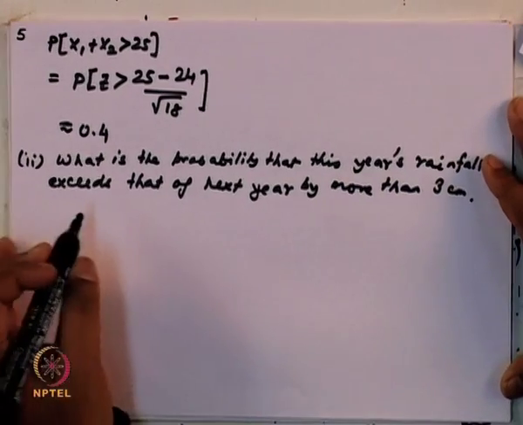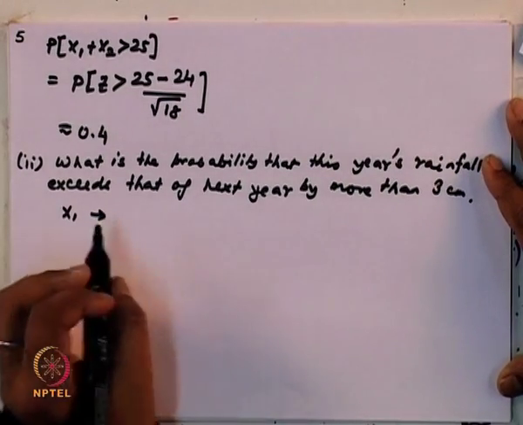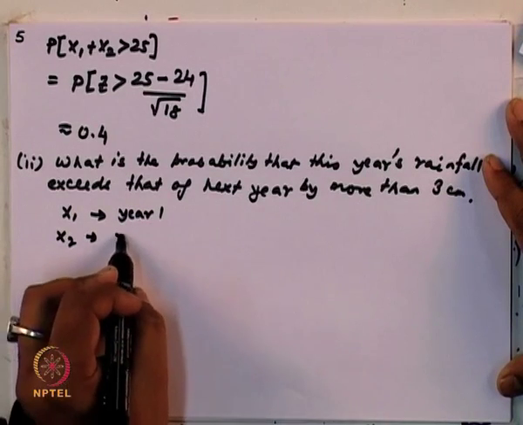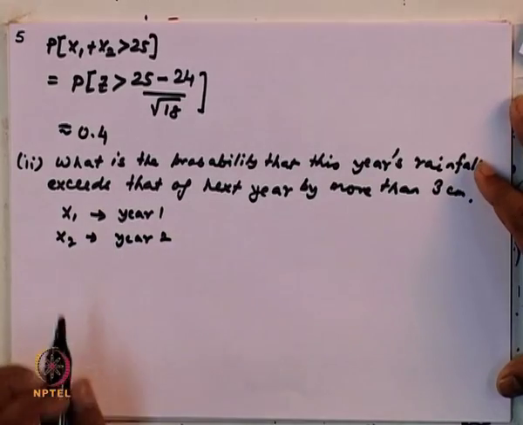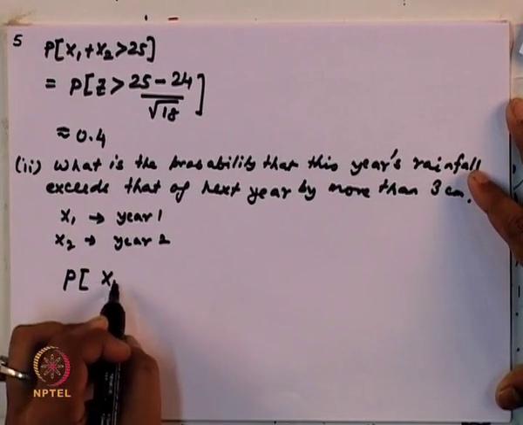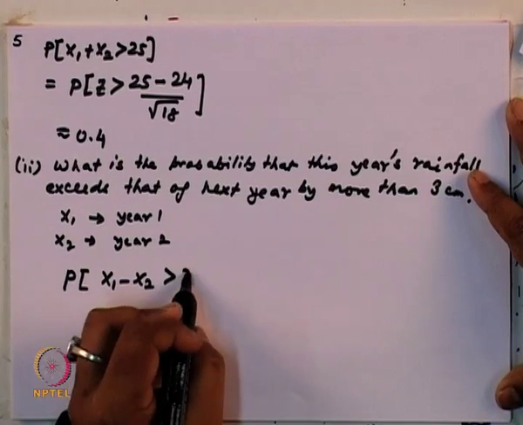So again, if x1 is the normal random variable for year 1 and x2 is for year 2, then what we have been asked to determine is the probability of x1 minus x2 greater than 3.